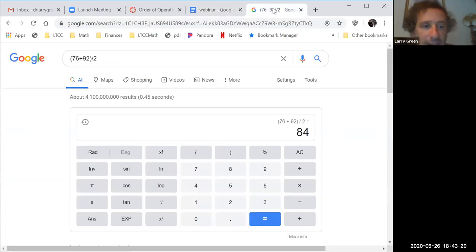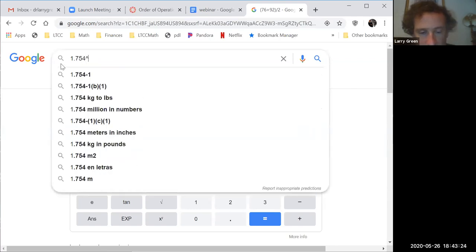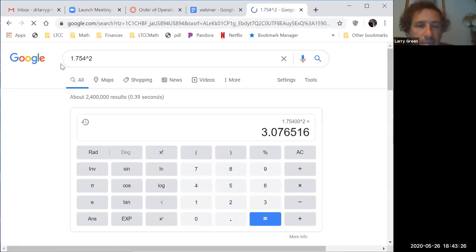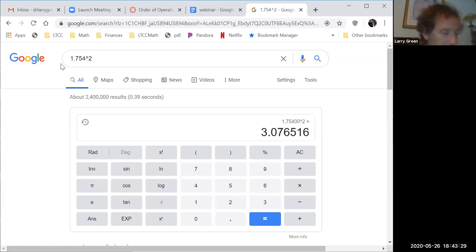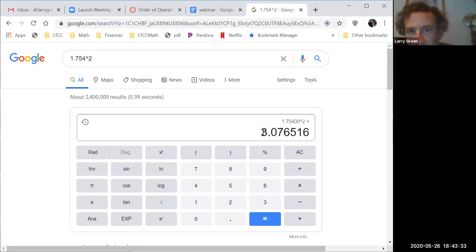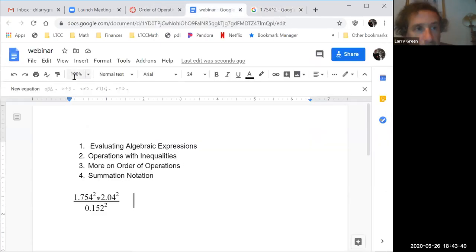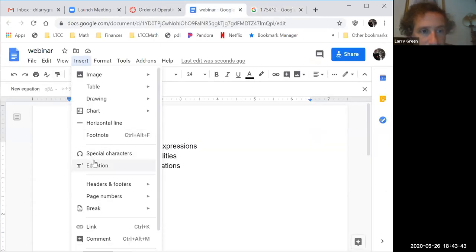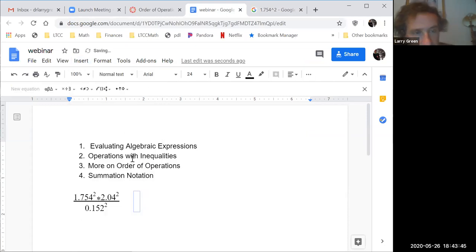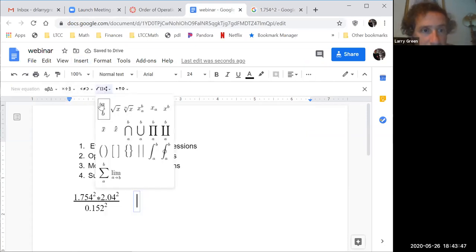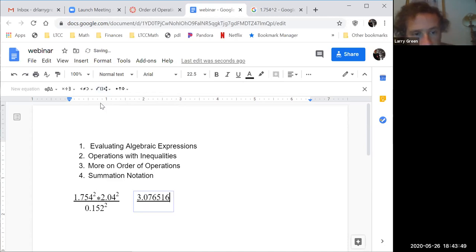So let's go and find 1.754 squared. And let me write it out. Actually, let's do it this way. I don't want to write it out. Copy paste. Copy it, pop it in here. I need to insert equation, make it a fraction. That was times.